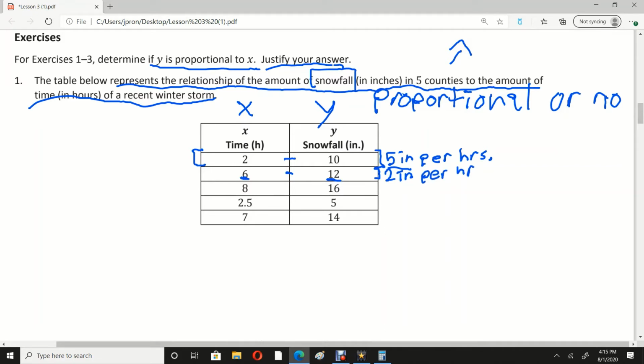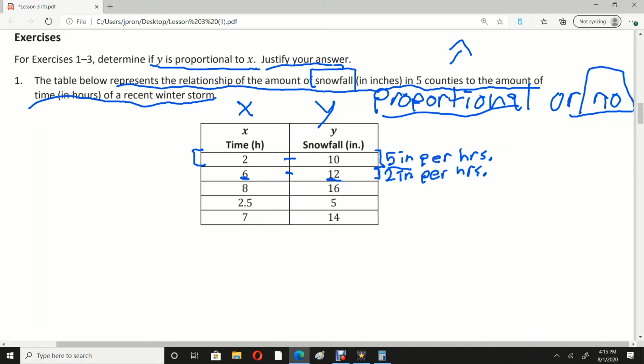So, just based on what we have so far, is this relationship proportional? Proportional or no? Great, very good.